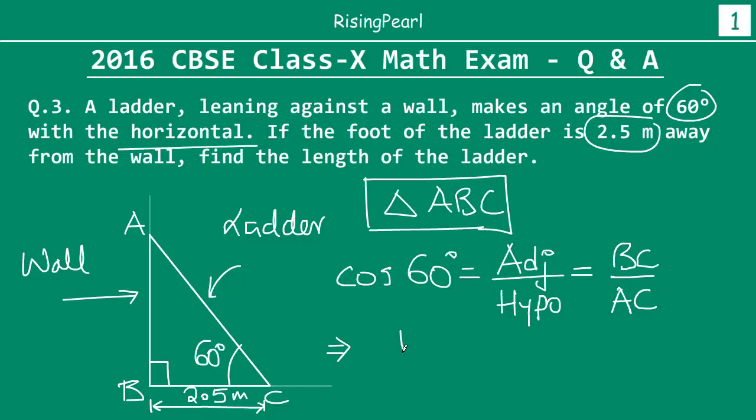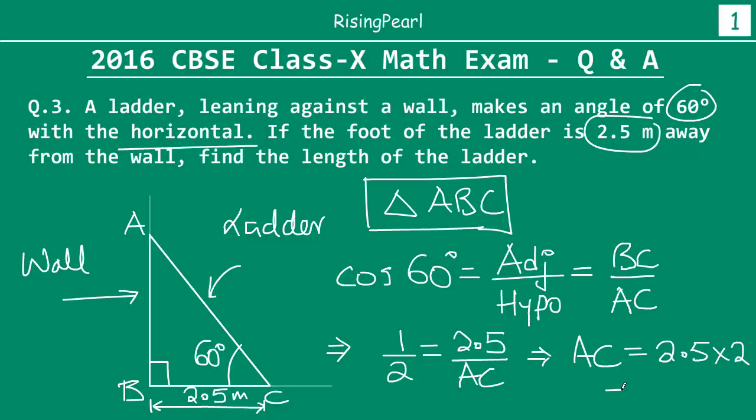Cos 60 is 1 by 2, which is equal to BC, given as 2.5, divided by AC, which we have to find. So AC is equal to 2.5 times 2, which is 5.0 meters. So the length of the ladder is 5 meters.